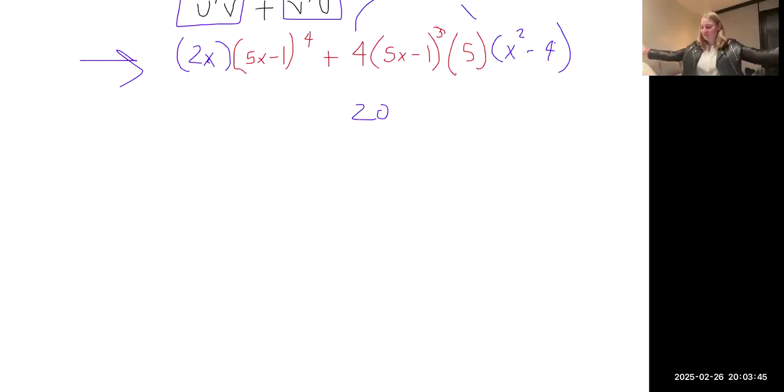Okay, so 20. Oh, I see. He multiplied the 5 times the 4 over here to get 20, and then he had 5x minus 1 to the 3. And then he just brought this 5x minus 1.